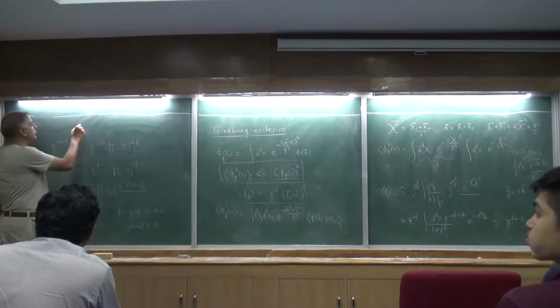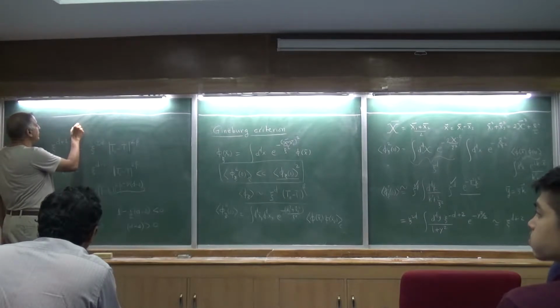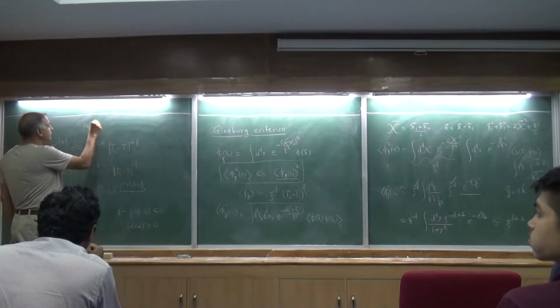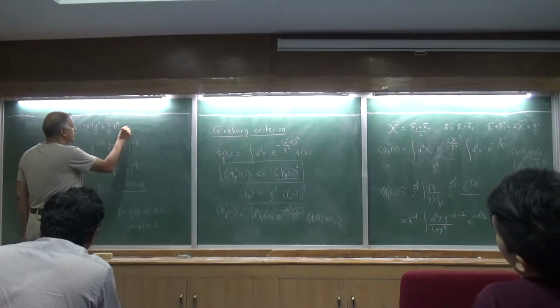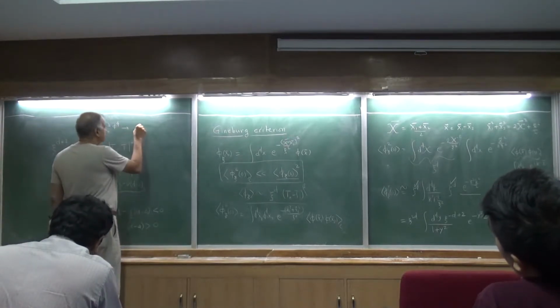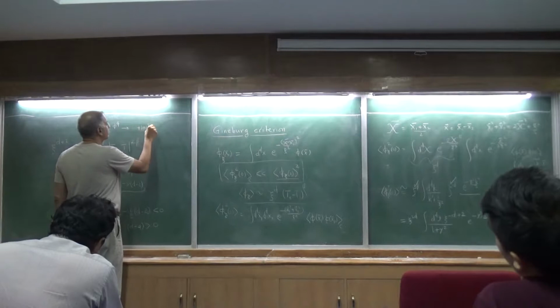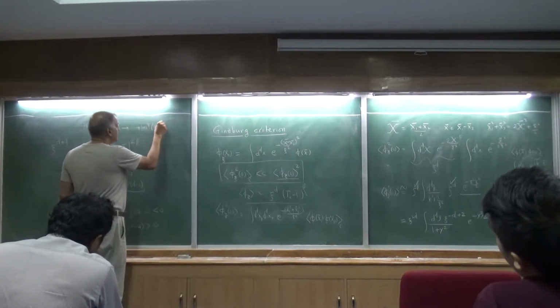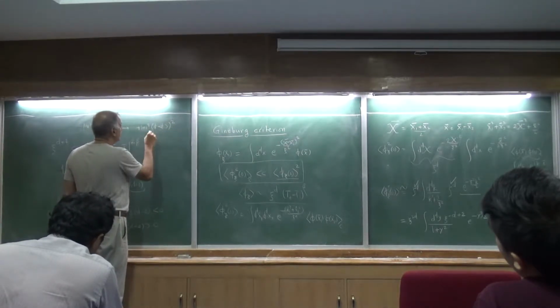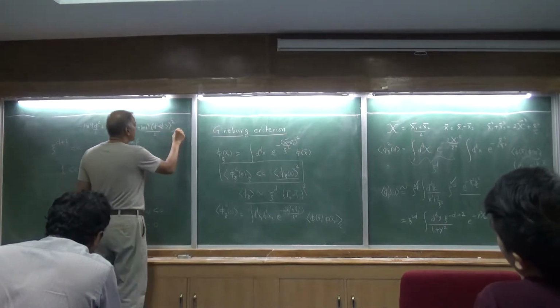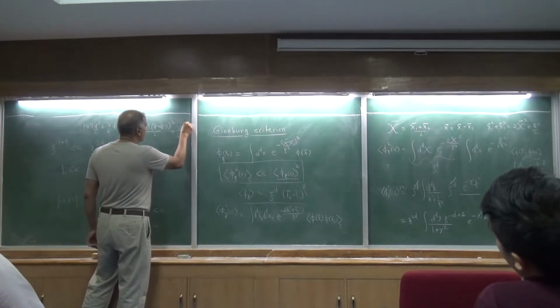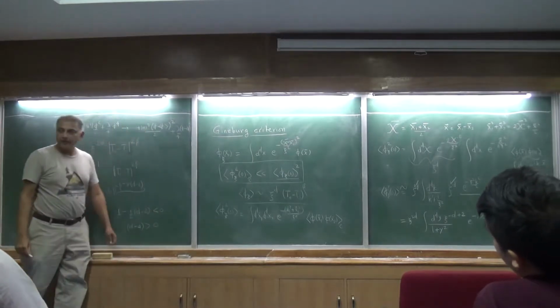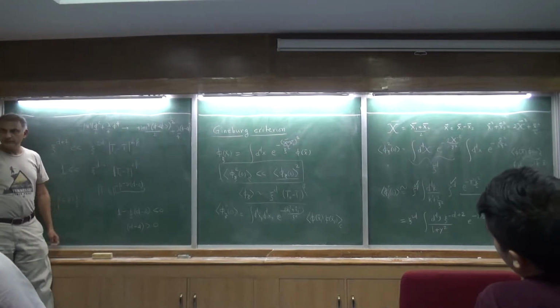So the point is that if you take minus mod m squared phi squared over 2 plus lambda by 4 phi to the 4th, you can actually convert this into plus m squared (phi minus average phi) squared over 2 plus lambda over 4 (phi minus average phi) to the 4. Okay, go home and do this little exercise.